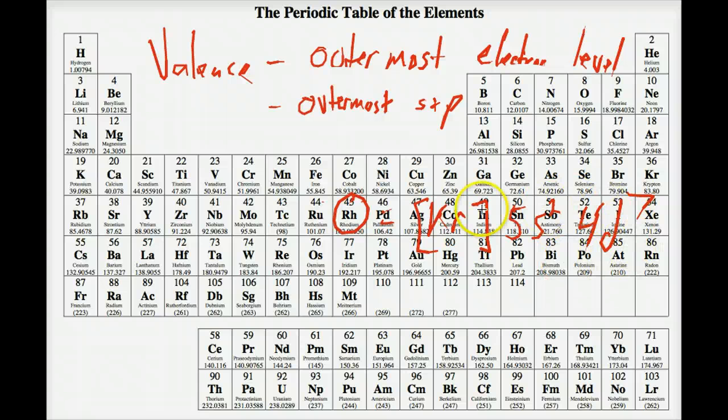The outermost energy level for my Rh is the 5th, and it has 2 electrons in the valence.